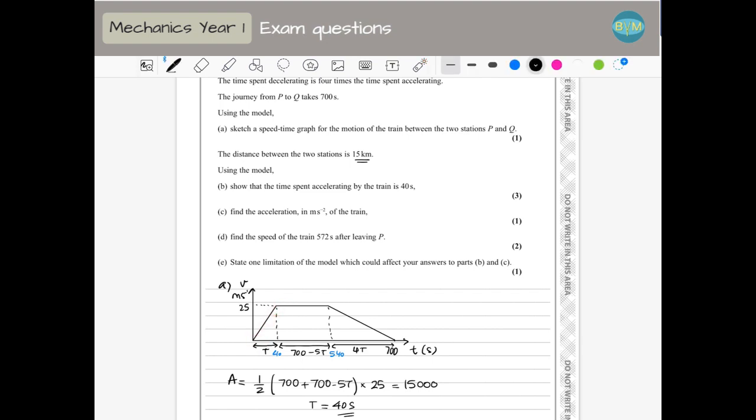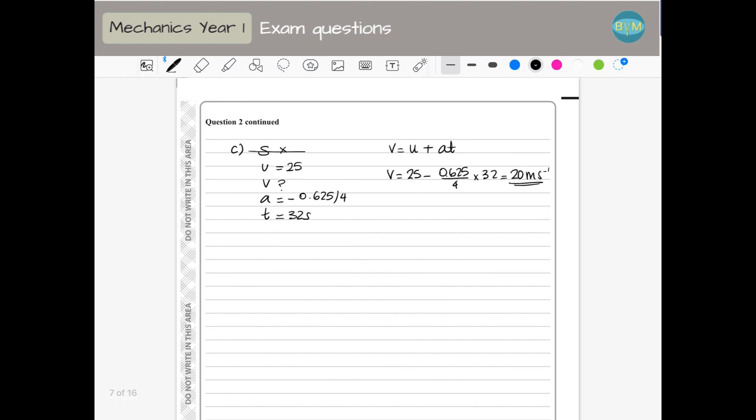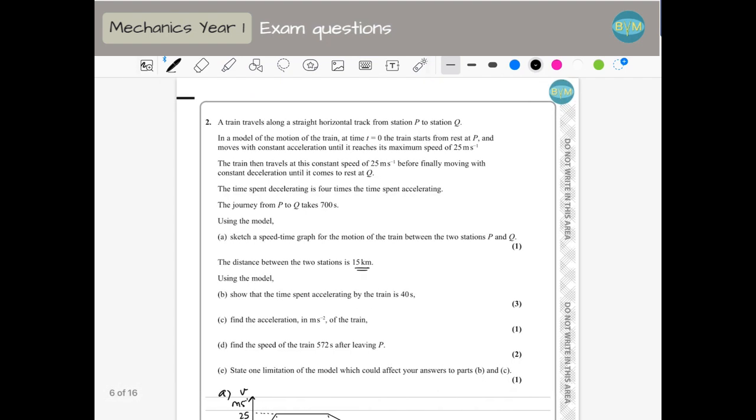So in a real situation, acceleration wouldn't be constant from beginning to end. That's what I'm writing. Wouldn't be constant all the way. So that's what happens with these questions. And that's all.